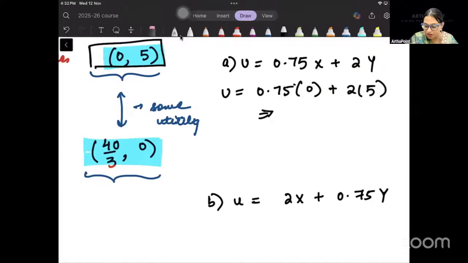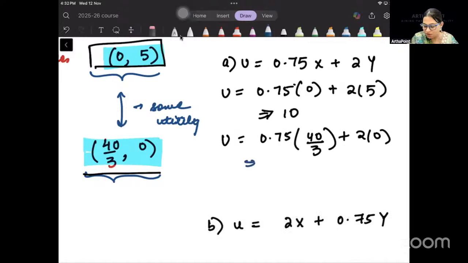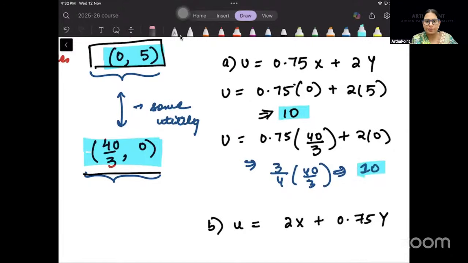That means my utility will be 10. And when I put this bundle, I will get 0.75 into 40 by 3 plus 2 into 0. So this is going to be 3 by 4, 40 by 3. That means 10. So I am getting the utility of 10 from both of them.